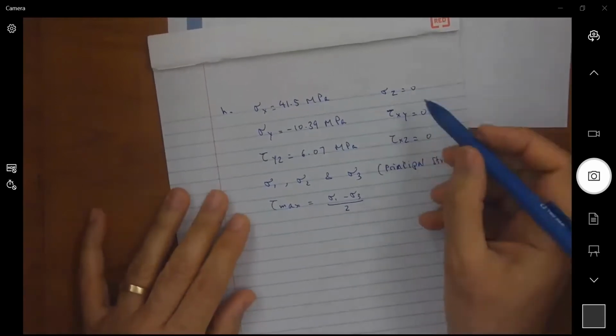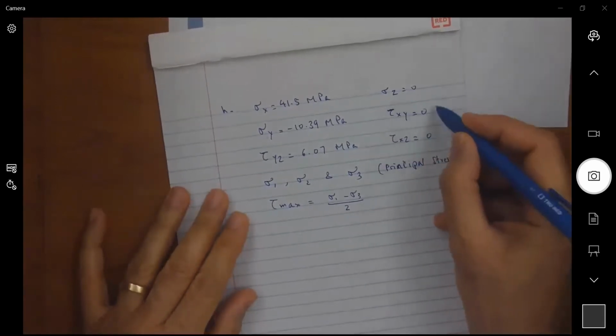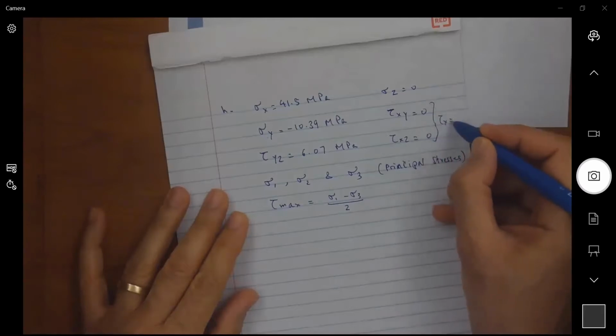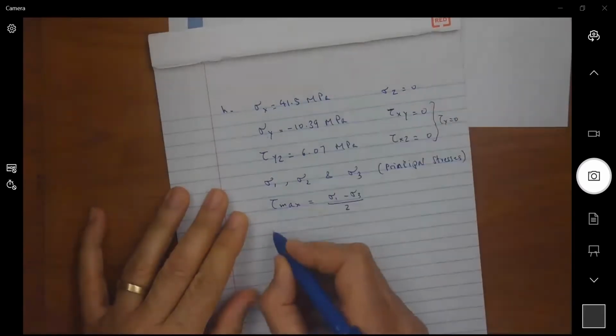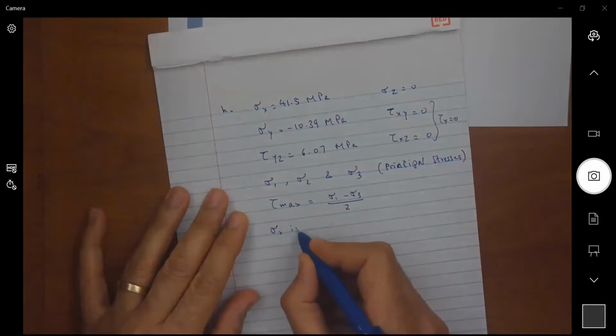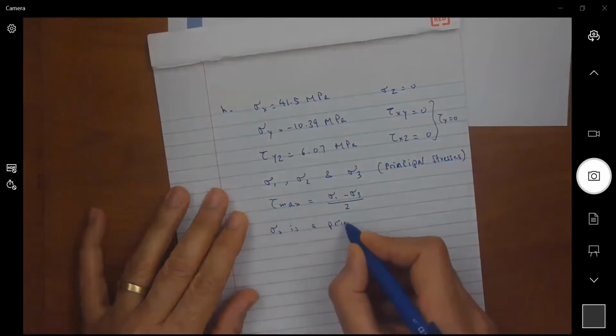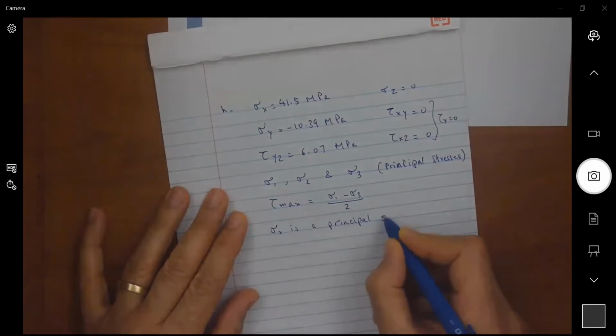Having observed that tau xy is 0, that tells us that sigma x is a principal stress.